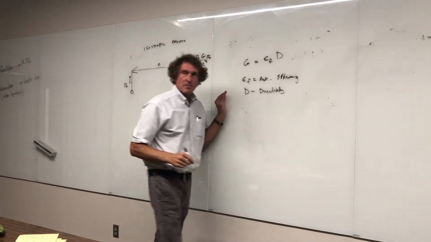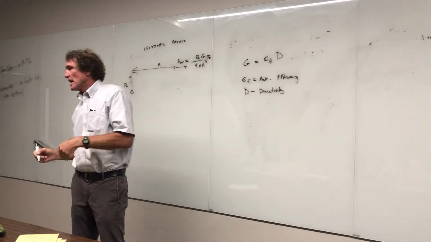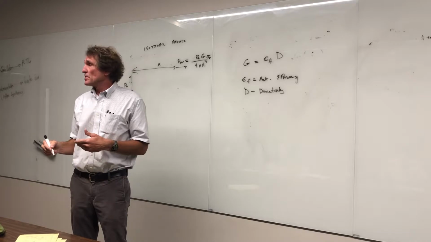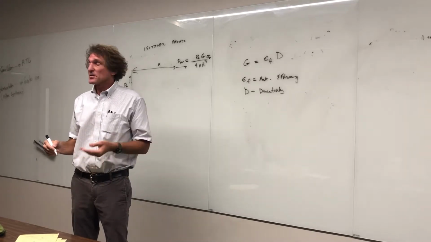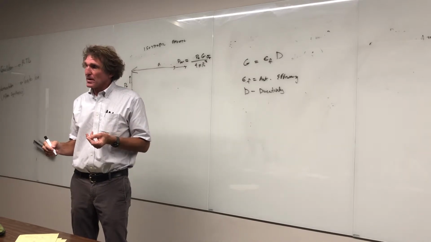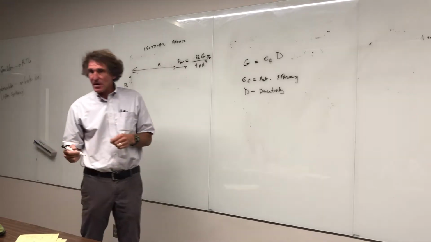In the real world, people use directivity and gain interchangeably, because the efficiency of any antenna really used for commercial things is very high. It's like 99%, or 0.99. It's just about 1, you follow me? So when they say gain or directivity, they're talking about the same beast.